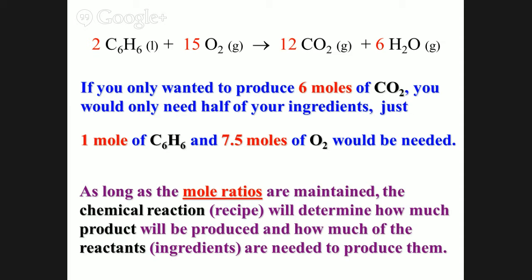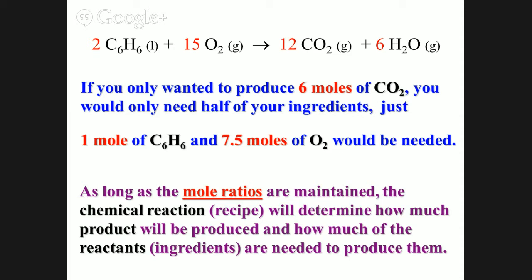And when we say mole ratio, notice that when I said I want 6 moles of CO2, the equation has 12. 12 is, of course, 2 times 6. In other words, the CO2 is 6 times bigger than the C6H6. Well, if I only want 6 of the CO2, I still need to be 6 times bigger.